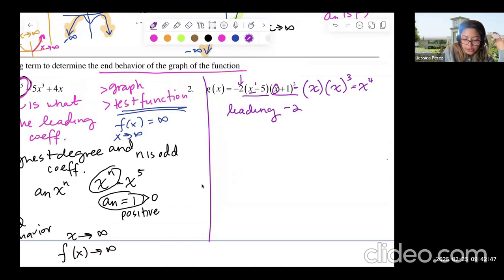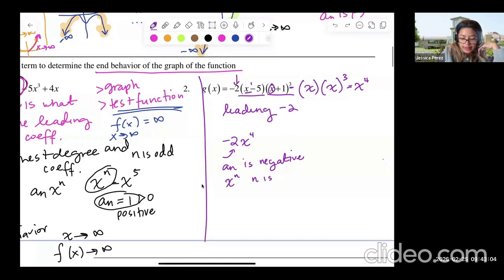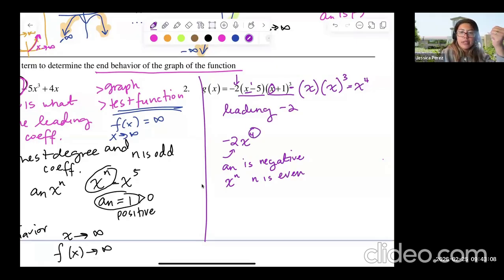So my leading term will be -2 x to the fourth. Now here, my a sub n is negative, and n is even because 4 is even. So we have an even polynomial, but my coefficient is negative.